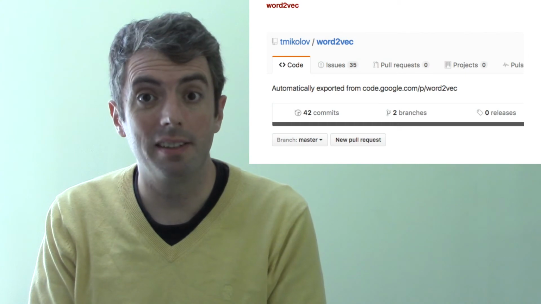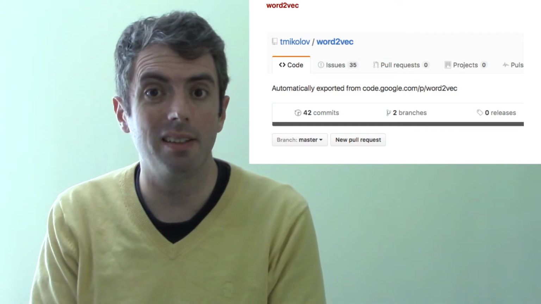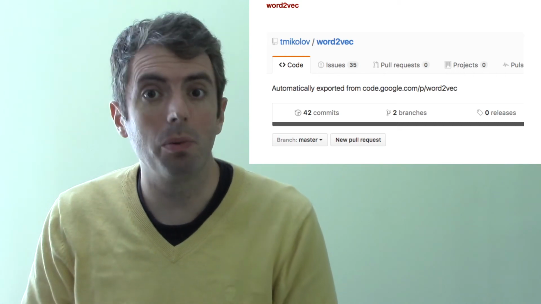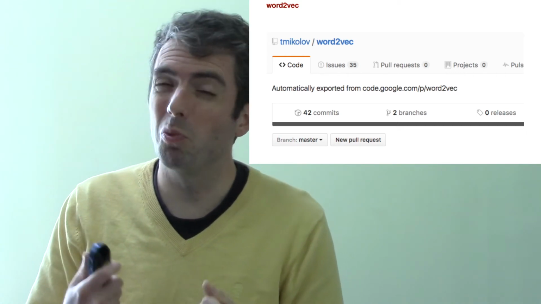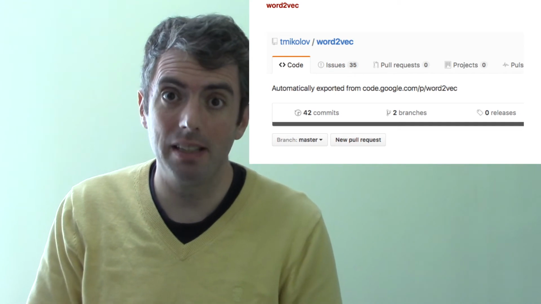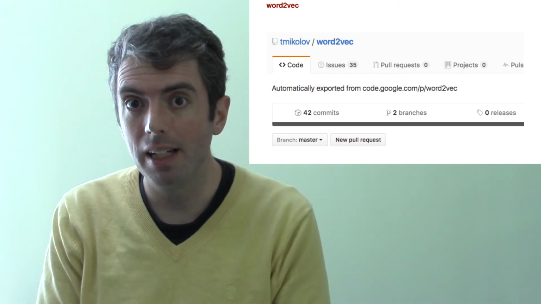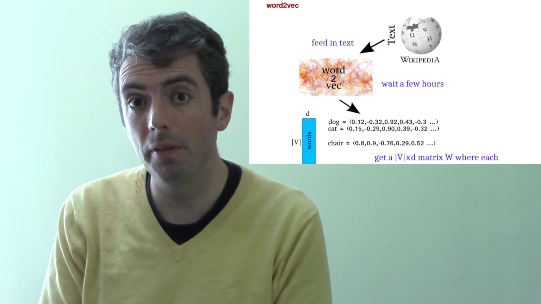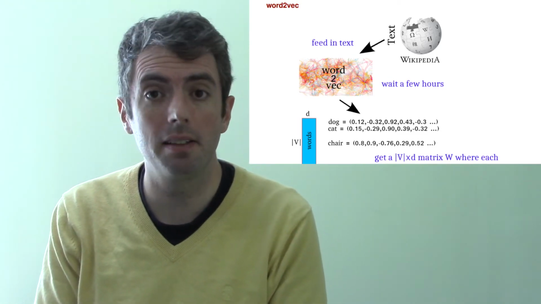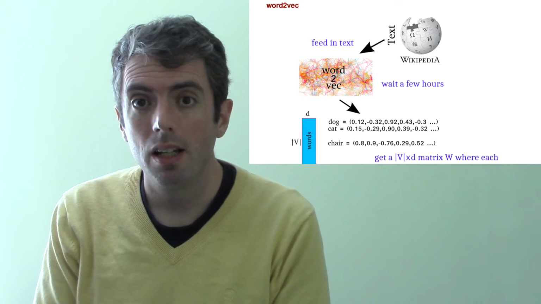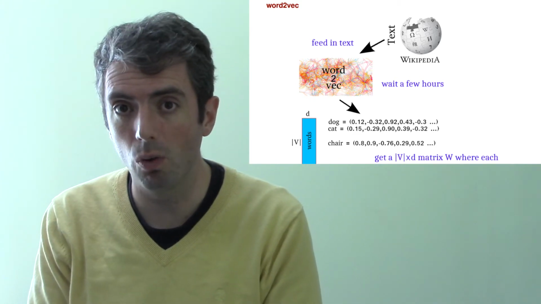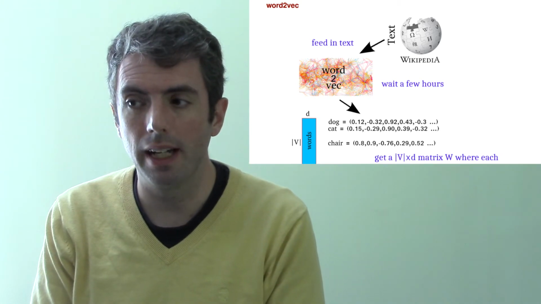Although Word2Vec is typically talked about as a generic algorithm, when people talk about Word2Vec, they typically really mean one specific piece of code that's available on GitHub and that has been very widely used. From a very high level, what Word2Vec does is it takes a bunch of text, computes some statistics on that text, and then generates representations for words found in the original text.